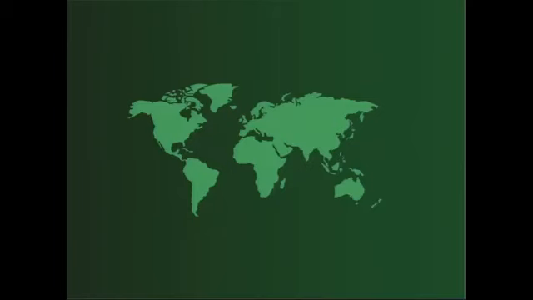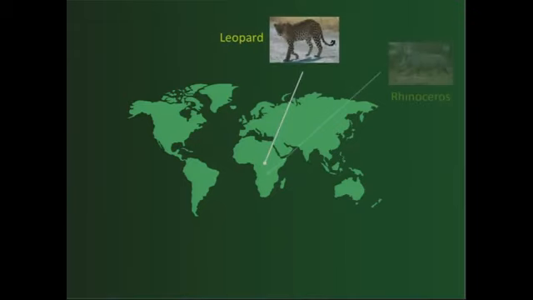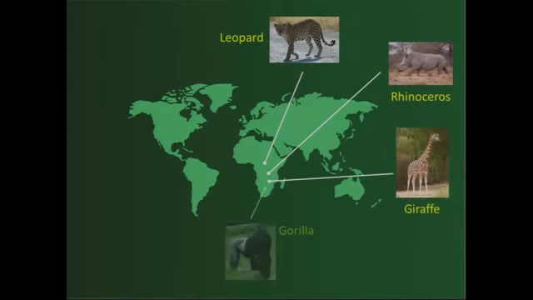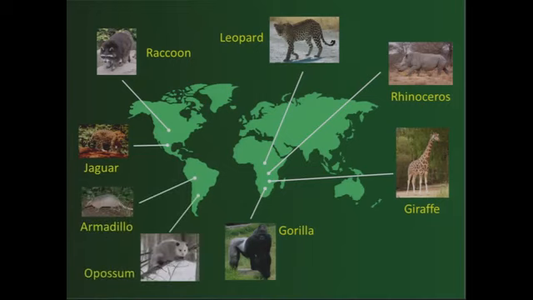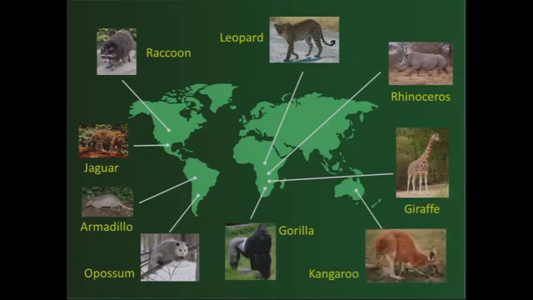When we go to Africa, we find leopards, rhinoceroses, giraffes, and gorillas. In America, we don't find any of these. Instead, we find raccoons, jaguars, armadillos, and opossums. And when we go to Australia, we find marsupials, such as kangaroos.